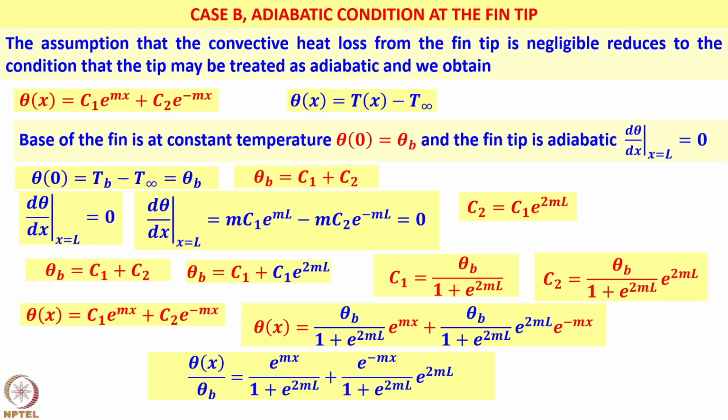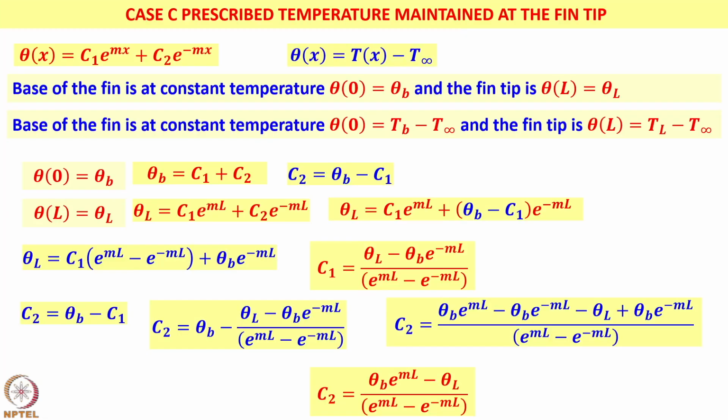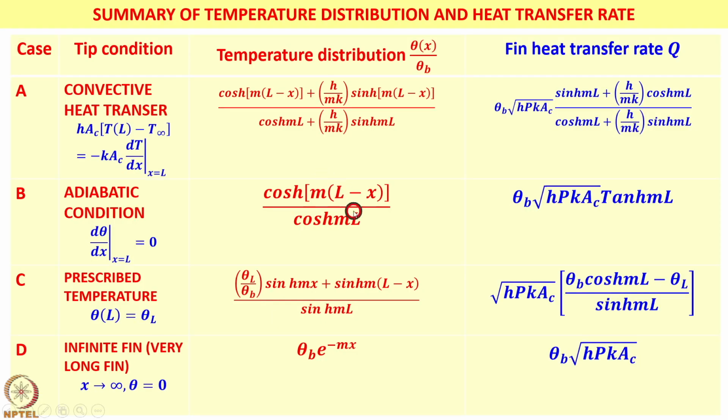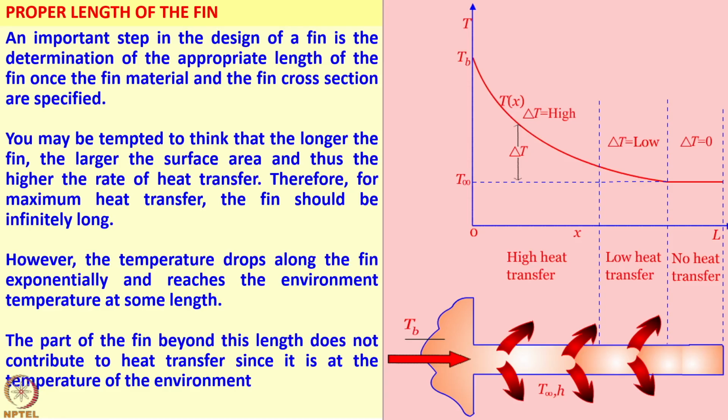Once you get this, everything is summarized. For the 4 tip boundary conditions, we have gotten the temperature distribution and the fin heat transfer rate. Now the next issue is, what should be the proper length of the fin? If you just see the temperature distribution, it is exponentially decreasing, so having a long fin is not of much use.